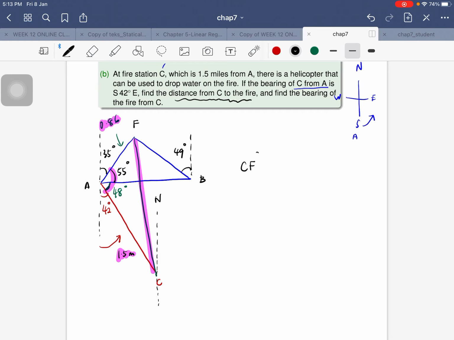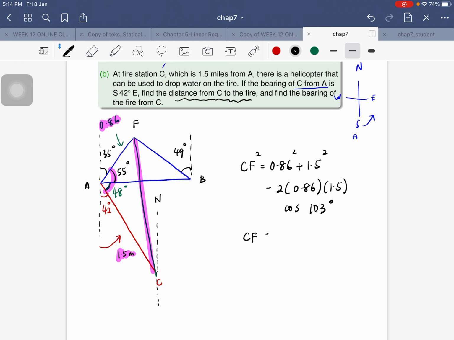So by using the cosine law, CF squared is going to equal 0.86 squared plus the other side, 1.5 squared, minus 2 multiplied by 0.86 multiplied by 1.5 and multiplied by cos of the sum of the angles, which is 55 plus 48, and I'll get a value of 103 degrees.